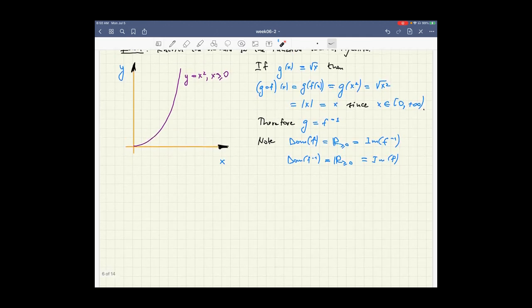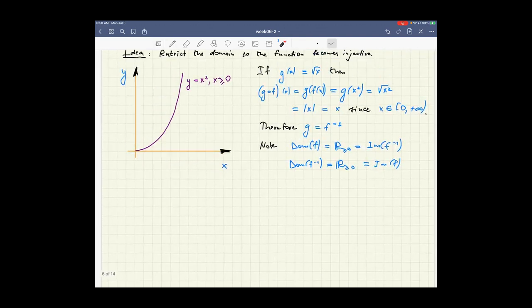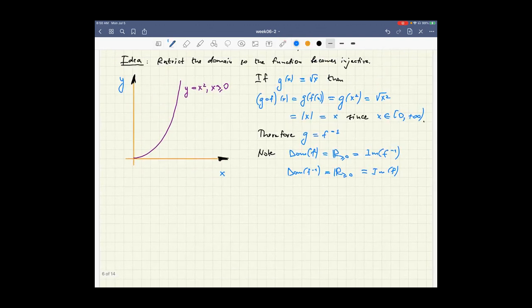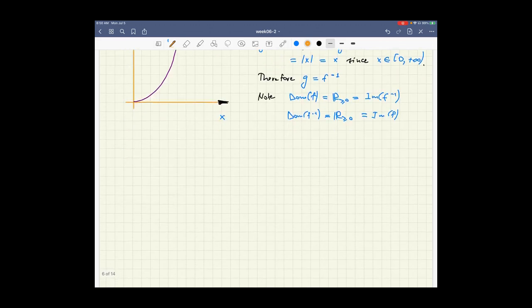We could go the other way and restrict the domain to be the set of all negative or non-positive real numbers. So that would give us the following thing.